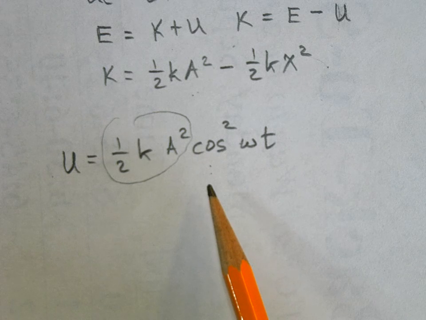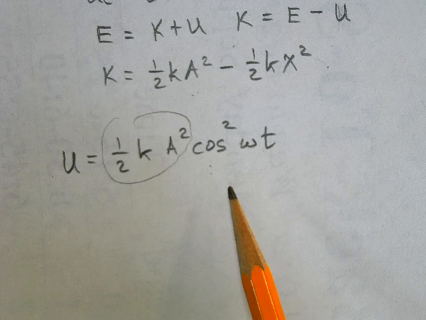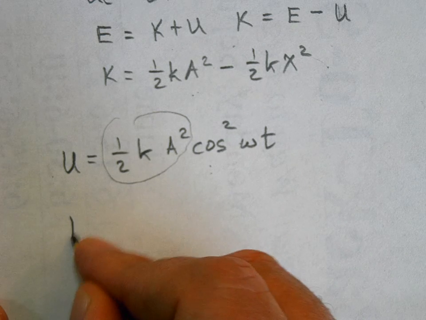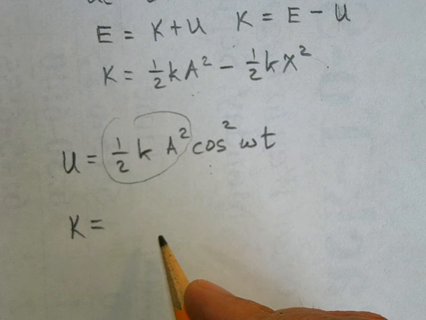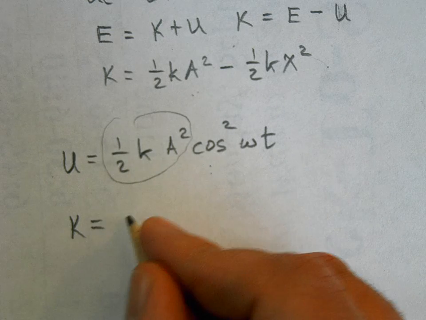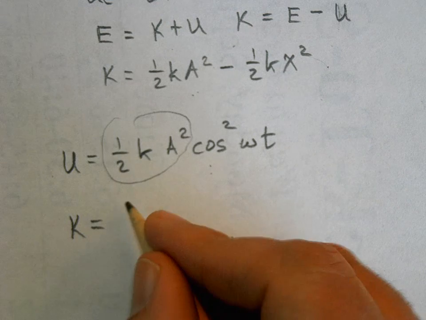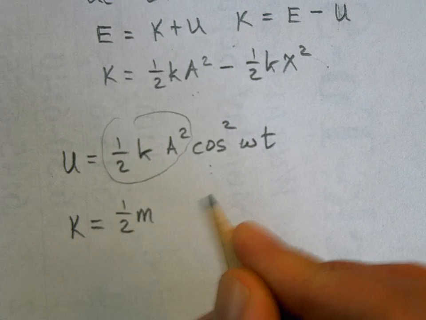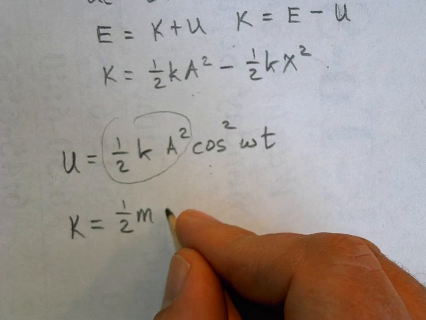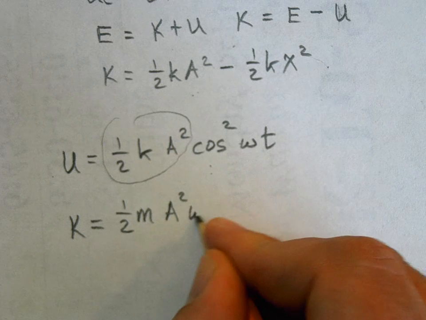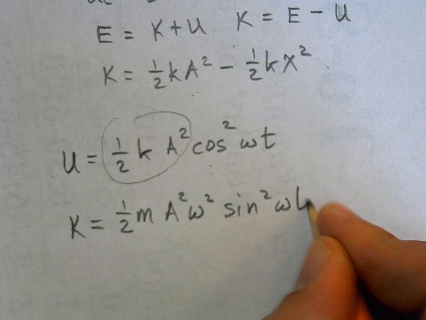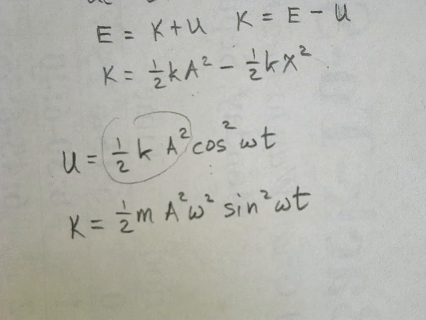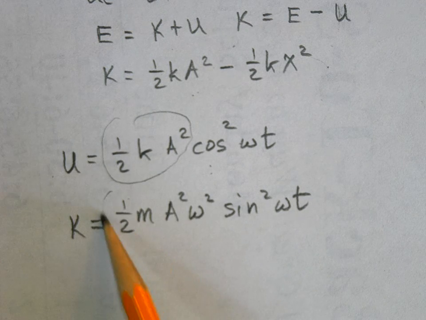Okay, well, what about the kinetic energy function? K is equal to 1/2 mv squared, but v squared is a squared omega squared times sine squared omega t. And this stuff right here is just all a constant.